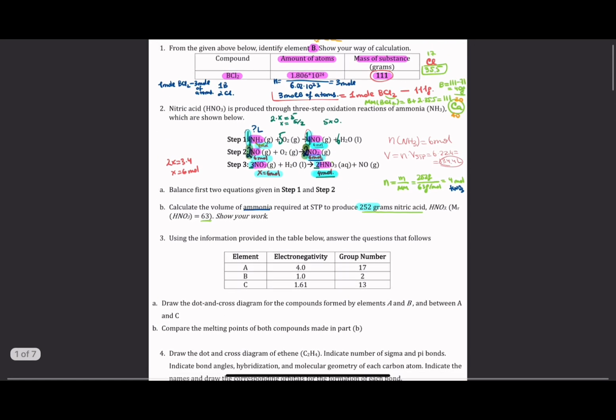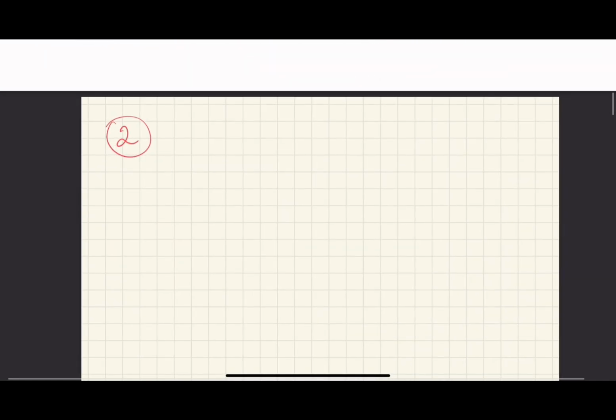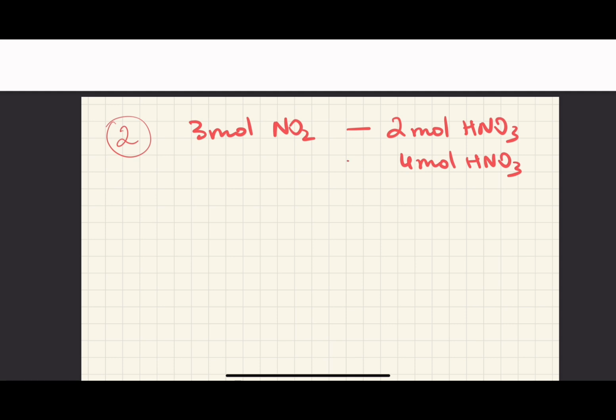You need to come from here. You say that, okay, 3 mole NO2 from the previous equation, and given you 2 mole HNO3, you would write here 4 mole HNO3, which is the amount you found from 252 grams. You would write here X mole NO2, and this is your step 3.